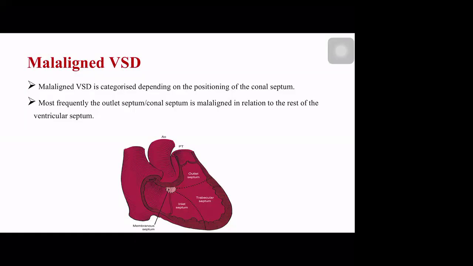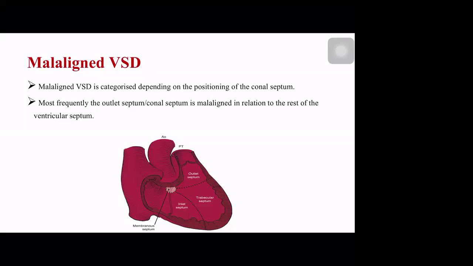I've already mentioned the muscular septum, the membranous septum, the bulbar septum. All these things ultimately meet with each other in a regular fashion, and if there is no malalignment, there will be complete seamless formation of the interventricular septum.